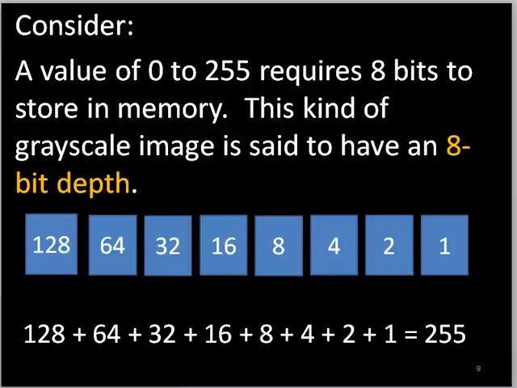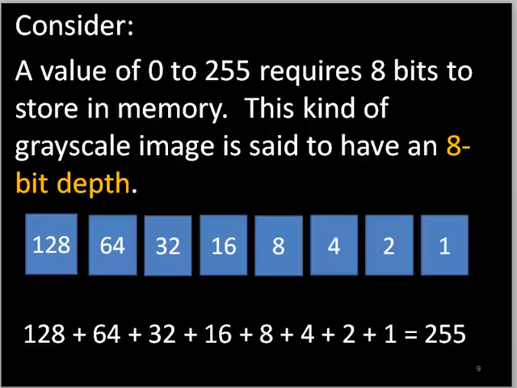The number of bits that we can store the light intensity into is called our bit depth. And the bit depth affects how precisely we can represent or recreate the gray levels in the images that we are taking.